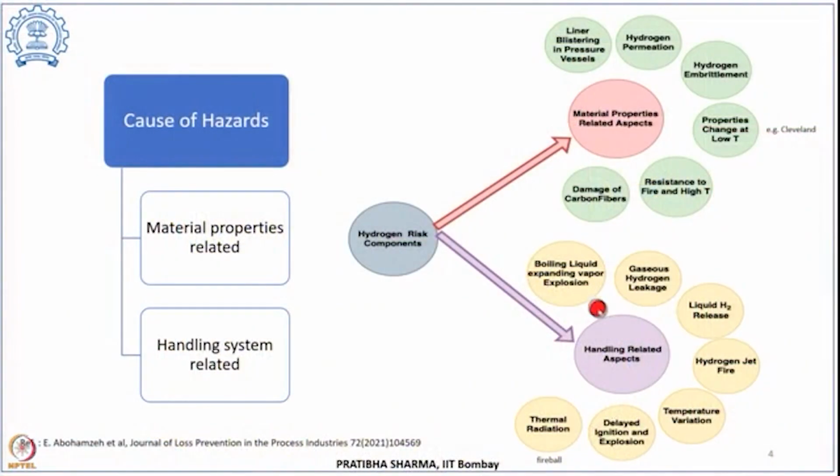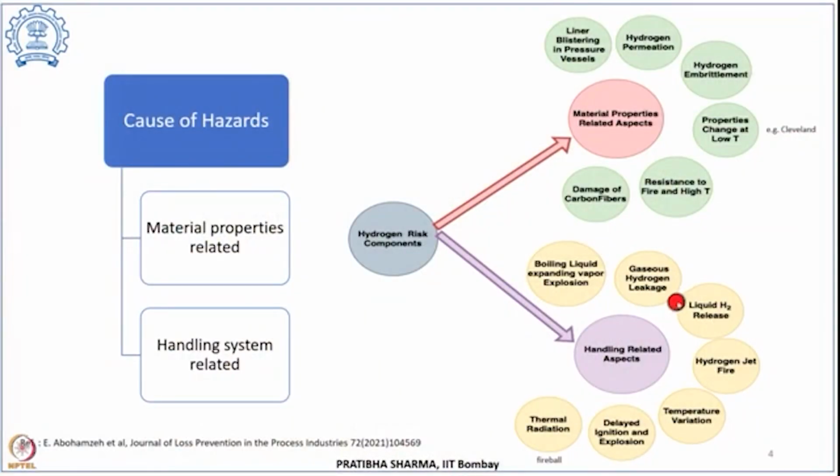The first one, let us consider, is gaseous hydrogen leakage. Now we have seen in the properties of hydrogen that hydrogen is the smallest molecule and it is much more prone to leakages. So hydrogen can leak through small joints, through walls, pipings, vessels, and different cracks. That is hydrogen leakage.